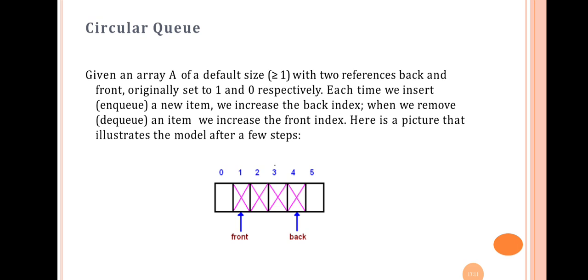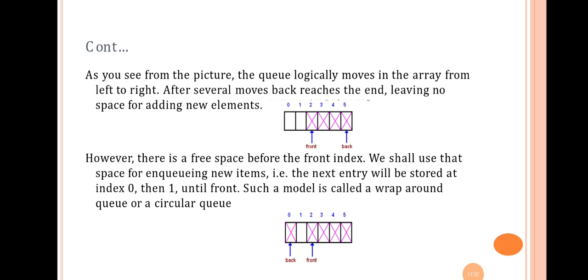So first of all, only 4 fields are represented. When we add an element, it will increase the back index. If we remove an element, it will increase the front index. As you see from the picture, the queue logically moves in an array from left to right.